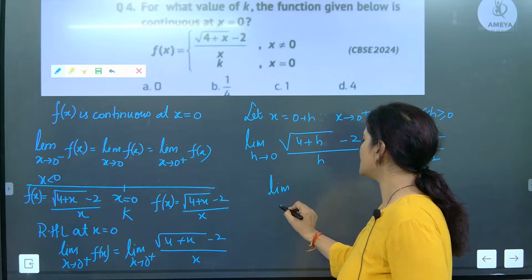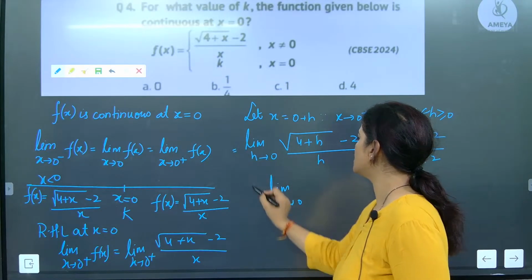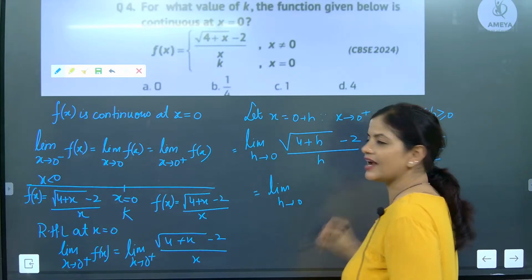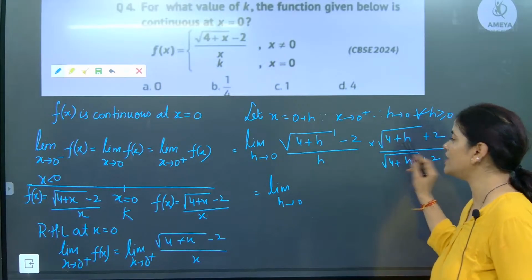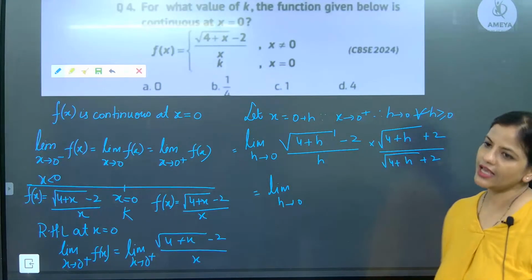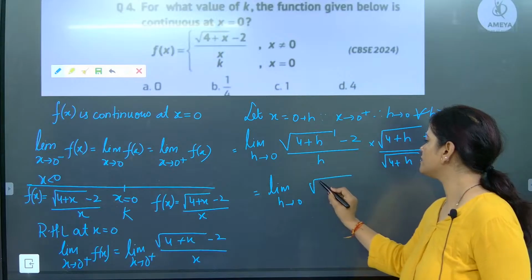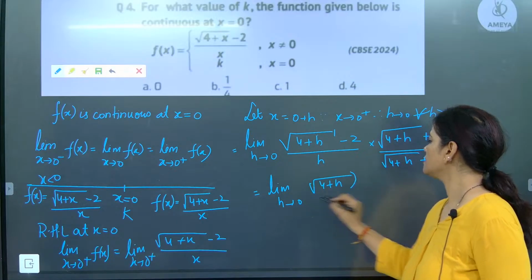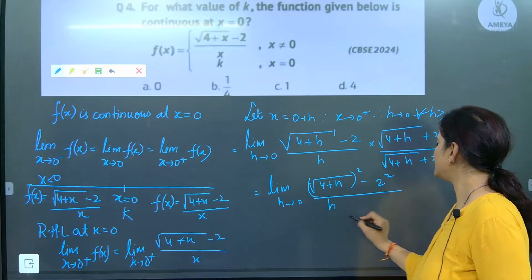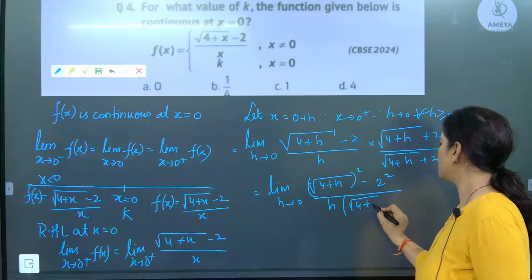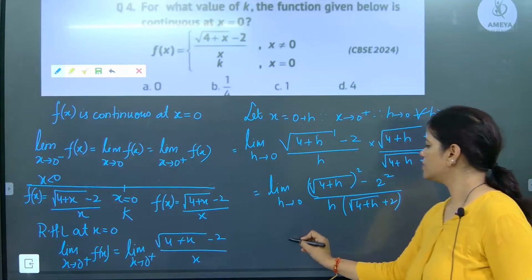Here it becomes a minus b and a plus b, so it will become a square minus b square by h into root under 4 plus h plus 2.